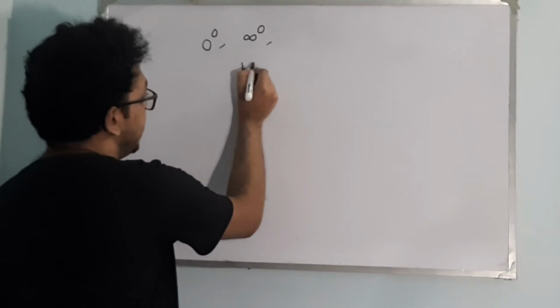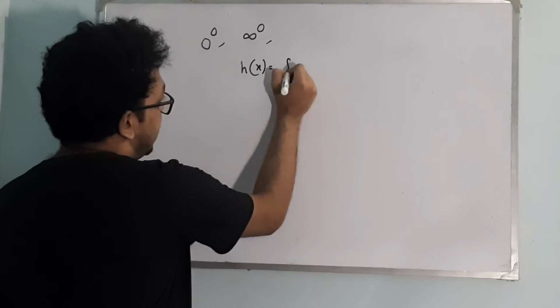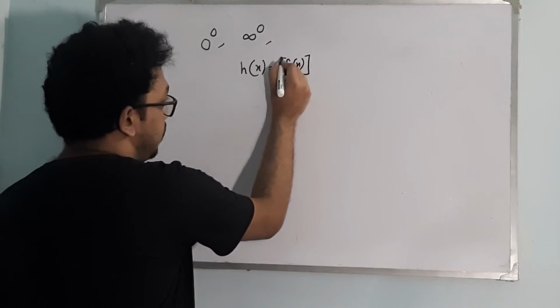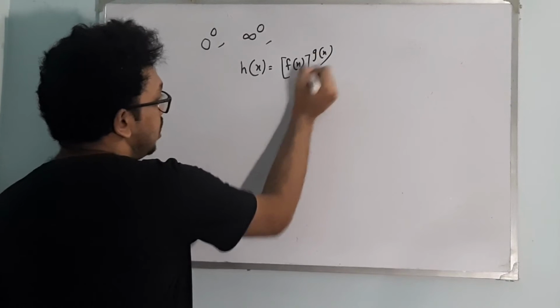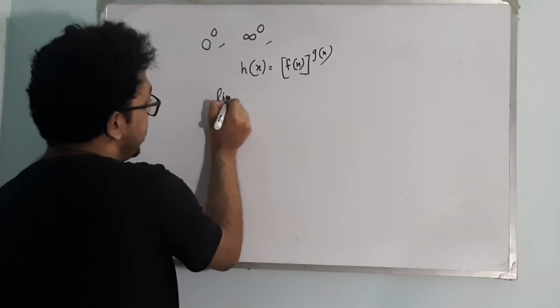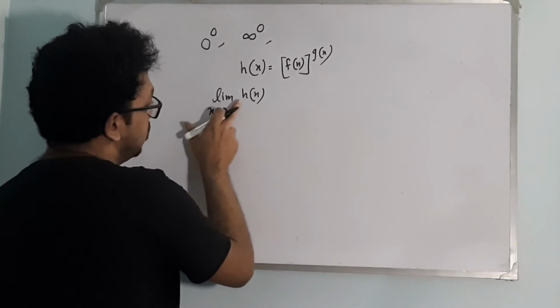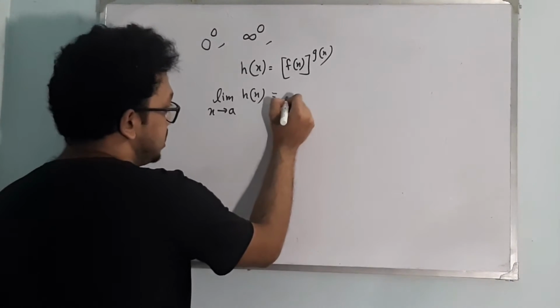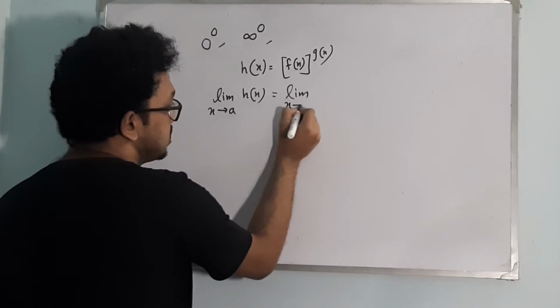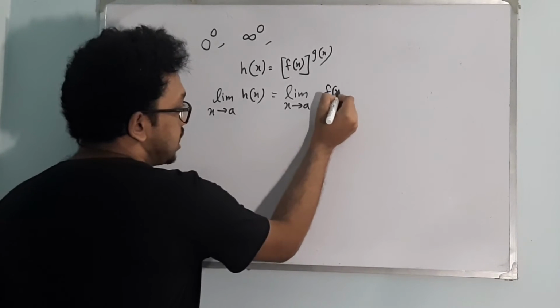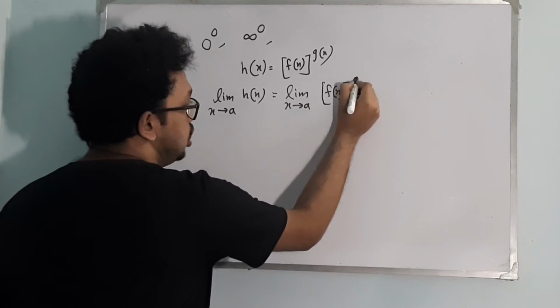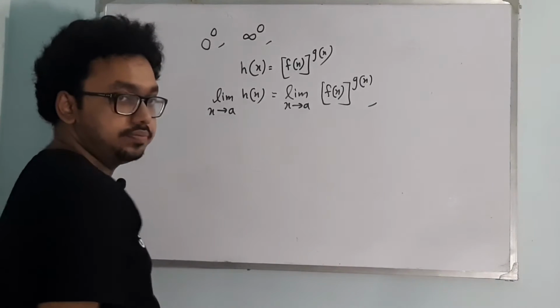Suppose you have a function h(x) such that h(x) is equal to f(x) to the power g(x), and suppose you want to evaluate the limit of h(x) when x tends to a. So the limit of h(x) when x tends to a is nothing but the limit as x tends to a of f(x) whole to the power g(x), right?